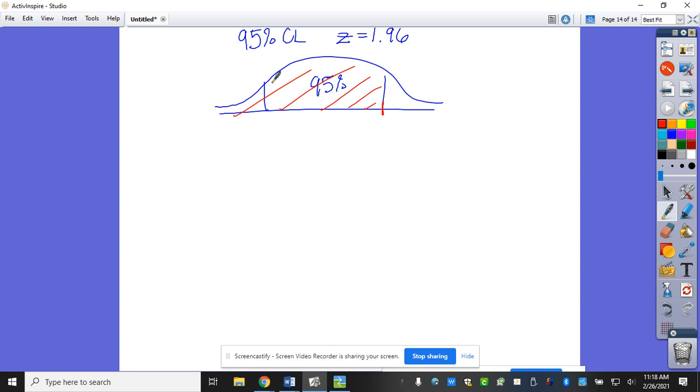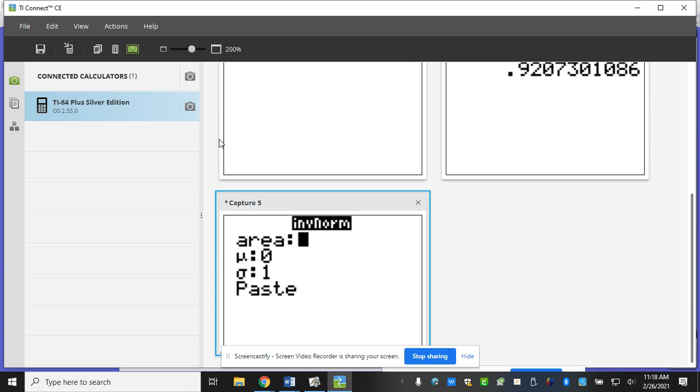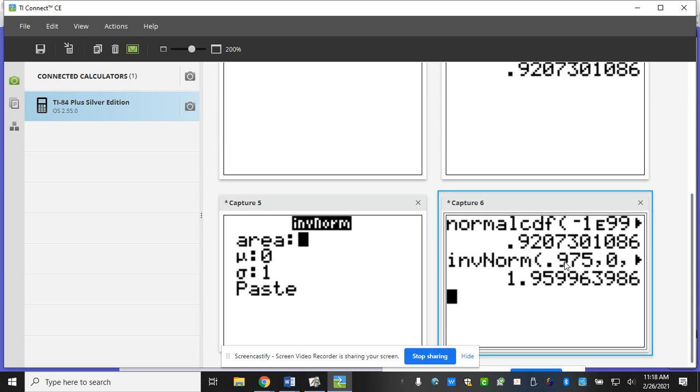So how much is from here to here? So while you're in the inverse norm, type your area as 0.975. And it gives you your Z-score of 1.96.